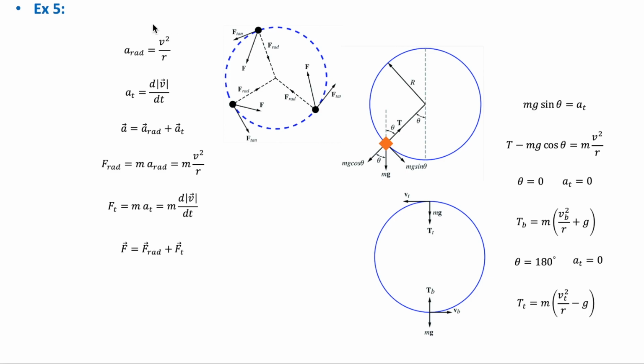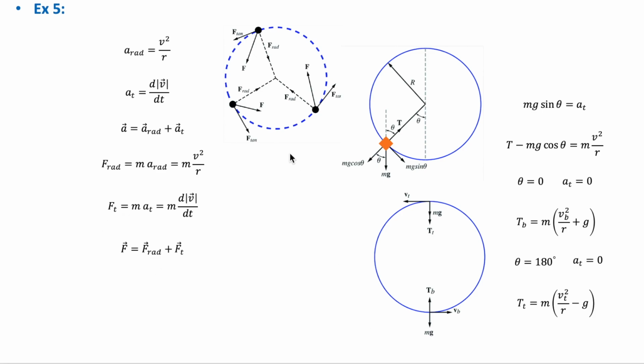The resultant is given by this equation. These two accelerations are caused by the radial and tangential forces, so we multiply the acceleration by the mass, and we get the resultant force acting on the object.